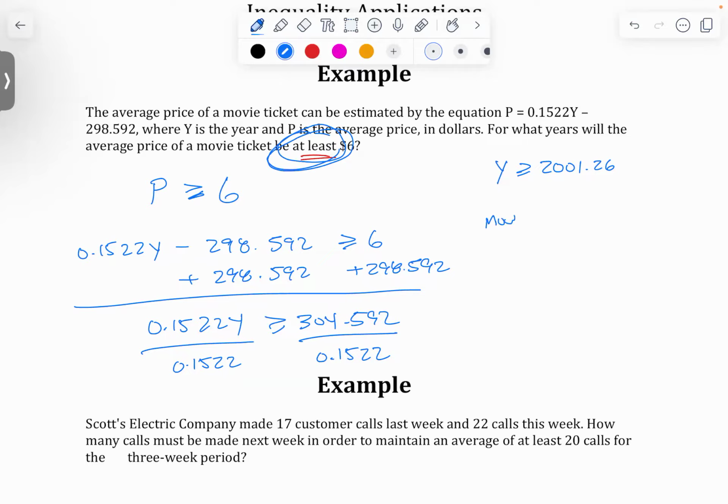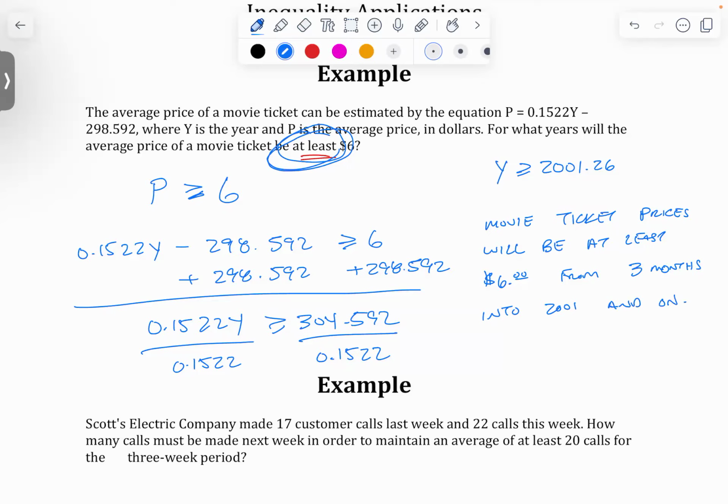So, movie ticket prices will be at least $6 from 3 months into 2001 and on. 3 months, which is a quarter.